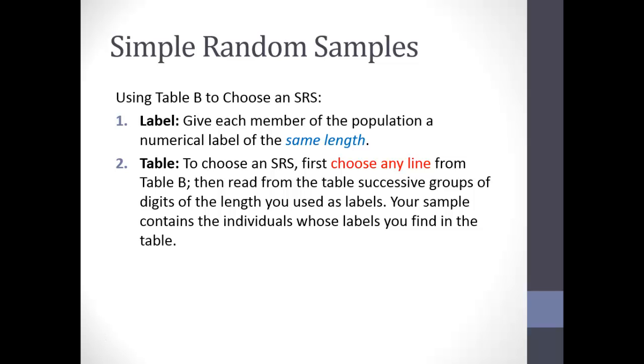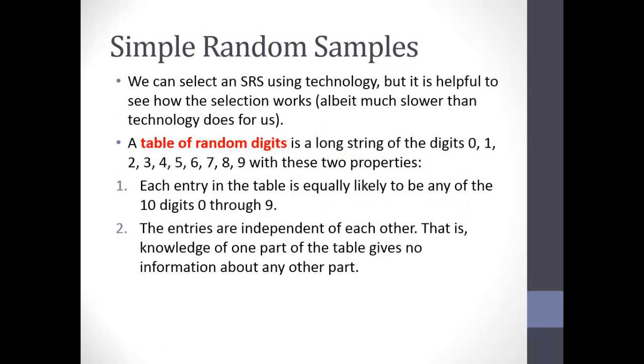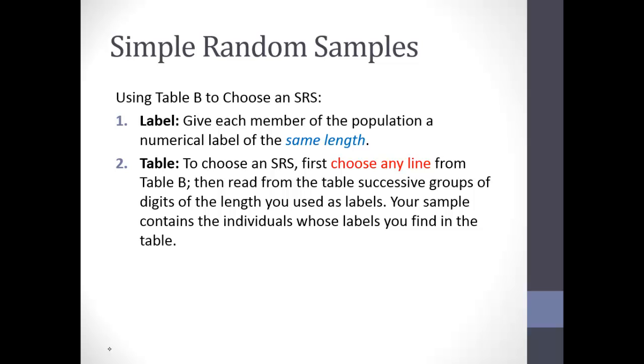I think the word random is thrown around a lot today, and in this class we have a very specific meaning for what the word random means. Here it means that each entry is equally likely to be included in any one particular spot. You don't have to worry too much about where that table comes from, just the idea that as you're going through it, it's a string of truly random numbers.